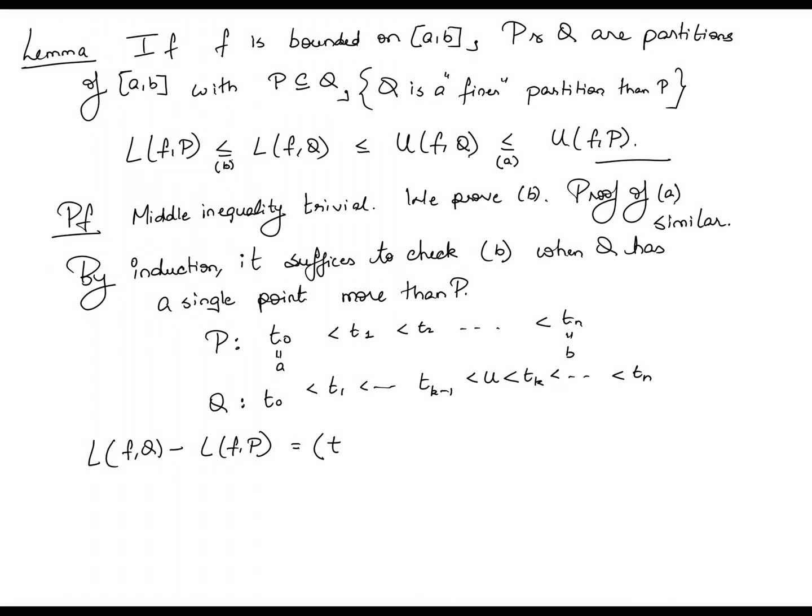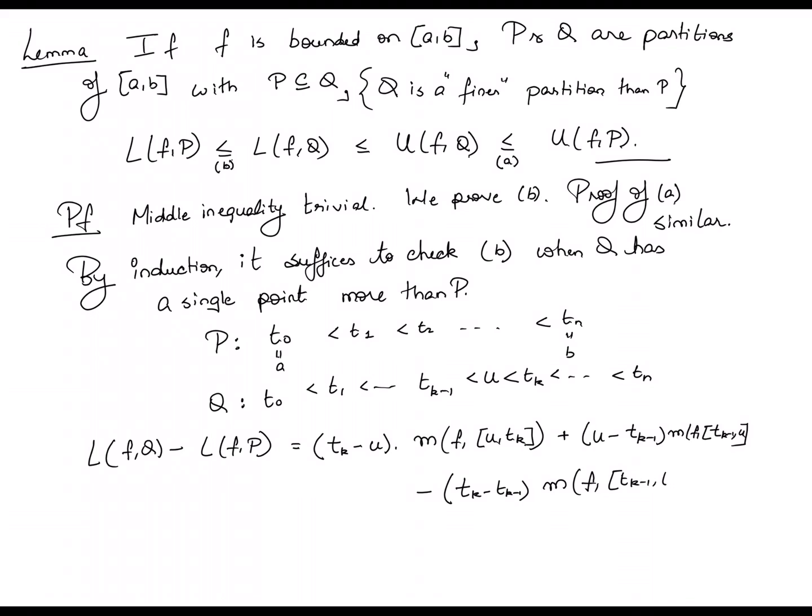So (tk minus u) times the infimum of the function over the interval from u to tk, plus (u minus t(k-1)) times m of f over t(k-1) comma u, right, minus (tk minus t(k-1)), this is the corresponding term from P, times m of f comma t(k-1) comma tk. This is what the difference is going to look like, right?